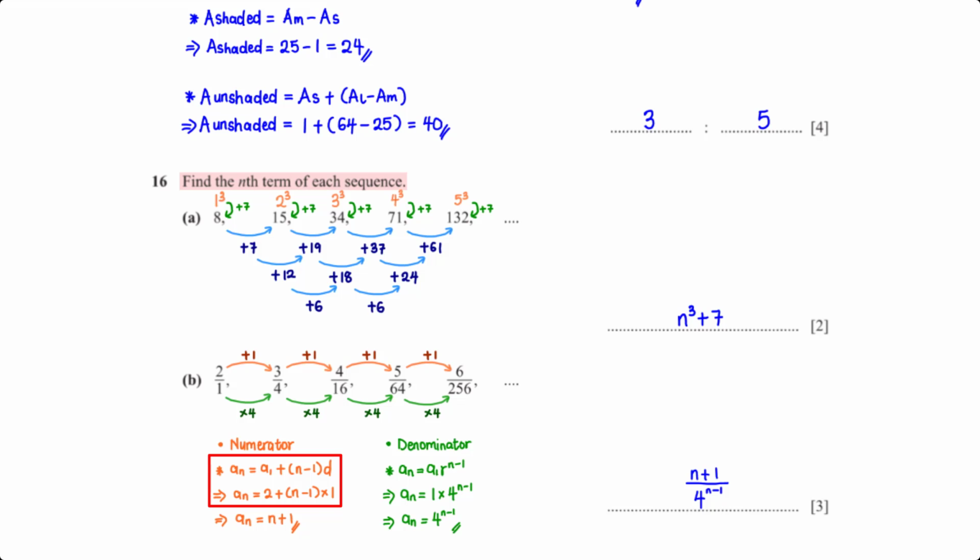When we simplify this, we get n plus 1. We can find the nth term for the denominators using this formula. A1 is the first term, which is 1, and R is the common ratio, which is 4. When we simplify this, we have 4 raised to the power n minus 1. And so the nth term for the sequence will be n plus 1 over 4 raised to the power n minus 1.